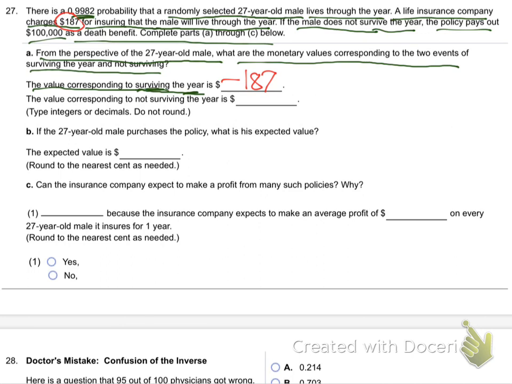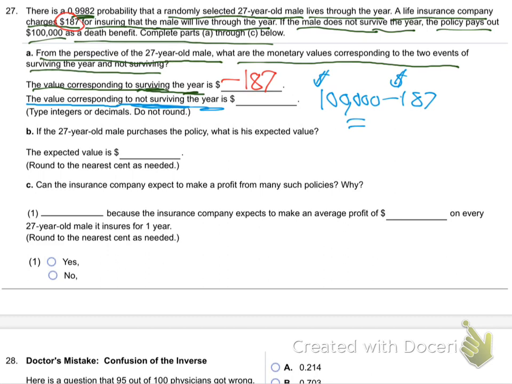is better financially, but much worse in the fact that he dies. The value corresponding to not surviving the year. If he doesn't make it through the year, his family gets a bunch of money. They get $100,000, but minus 187 because he did still have to pay for the $187 policy during the year.